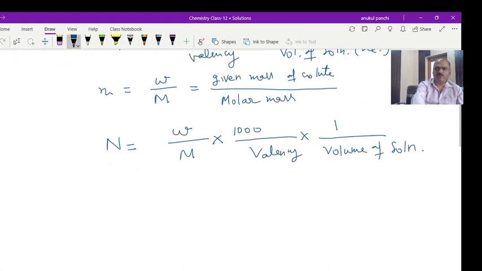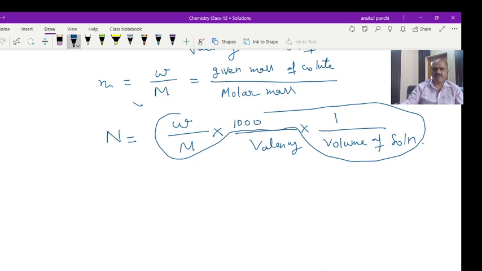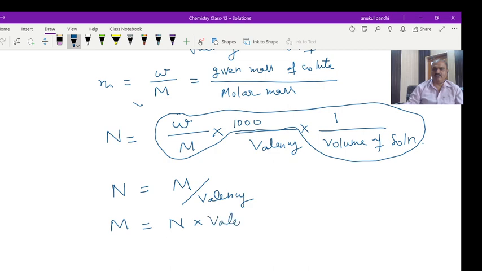Now in this formula, you know that this thing, given mass upon molecular mass into 1000 upon volume of solution in milliliters, is called molarity. So we get that normality is equal to molarity divided by valency, or you can say that molarity is equal to normality into valency.